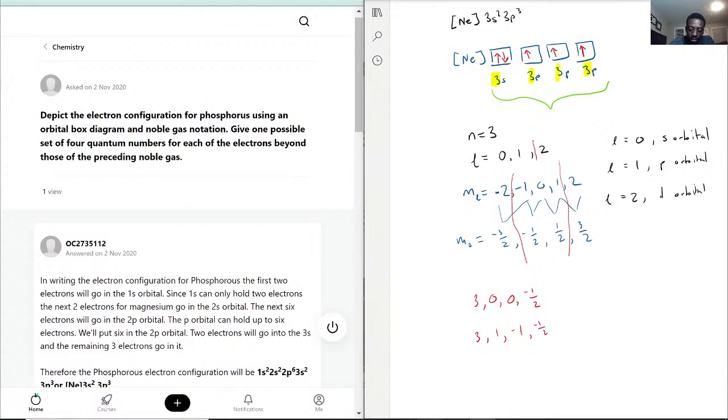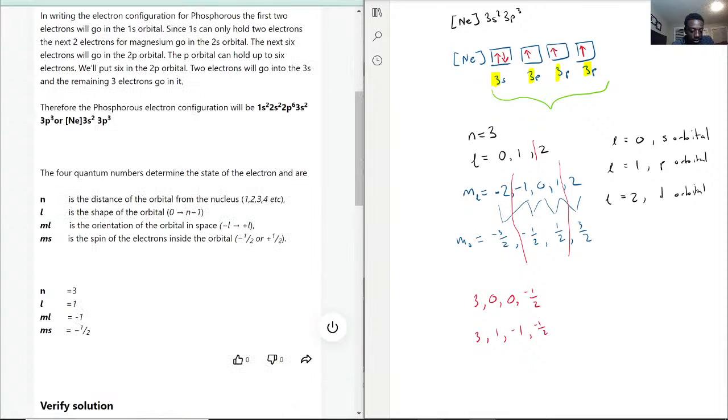Let me just make sure I'm doing this right. The spin of the electrons inside matters, and this one could be positive as well. When you look up at this, you notice that I'm just trying to make sure I'm doing everything right.